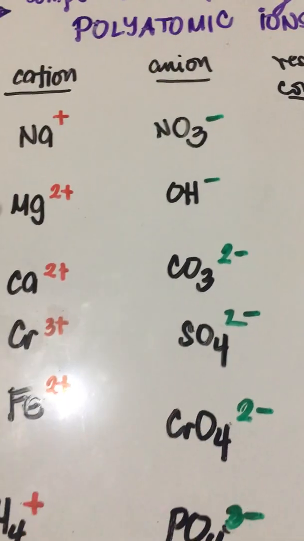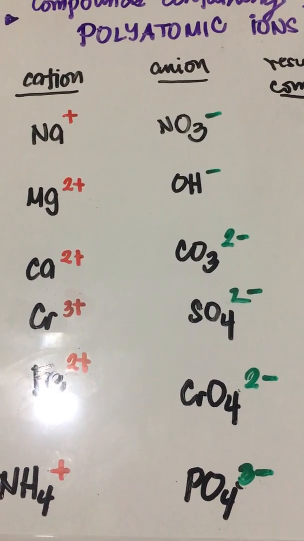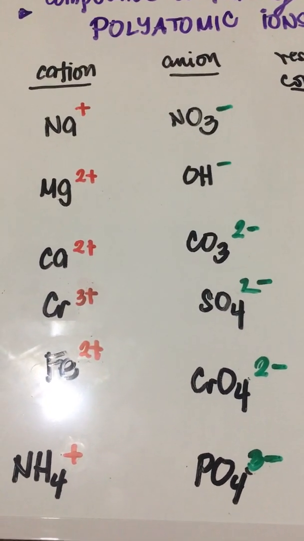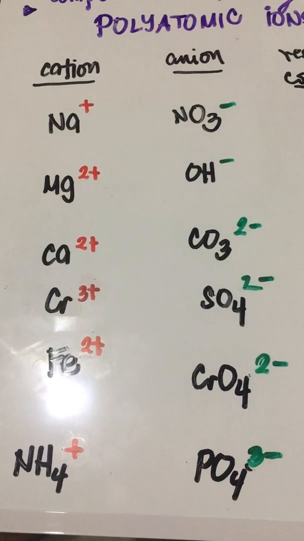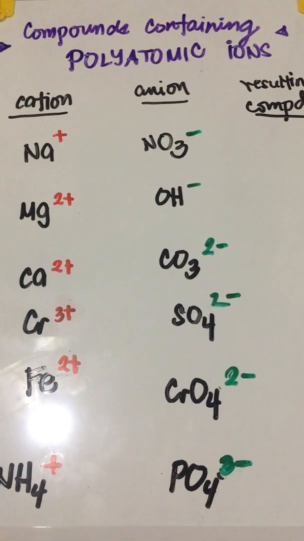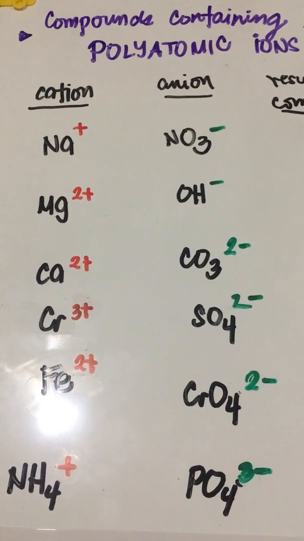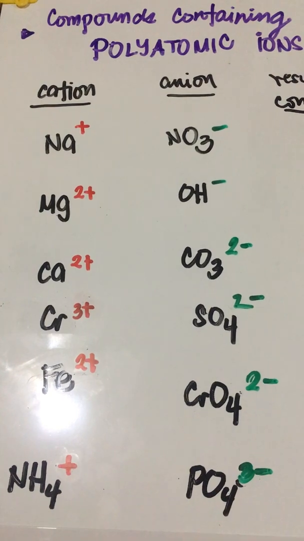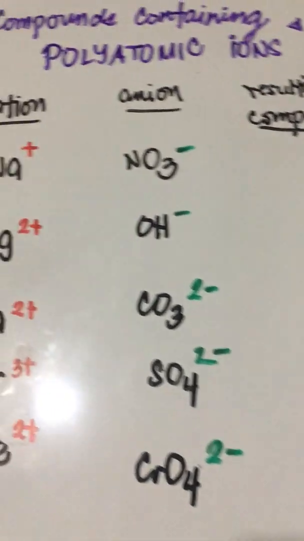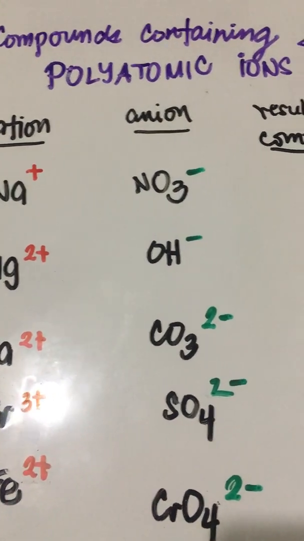You also have the charges or the oxidation numbers highlighted in different colors so that it will be easier for you to follow later on where the superscripts go and how it will appear in the chemical formula. All right, so in getting the resulting ionic compound, all we need to do is the crisscross, disregard the sign.